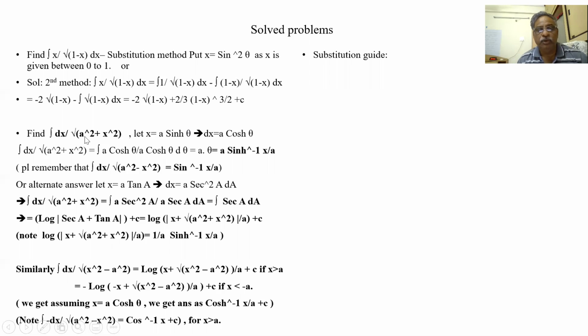Because I know 1 plus sin h square theta is cos h square theta, so I have to convert this into cos h square theta. Let x be a sin h theta. So dx is a cos h theta. So this becomes integral a cos h theta by a cos h theta. Both get cancelled. So I am getting the answer theta. What is theta? Sin h inverse x by a.